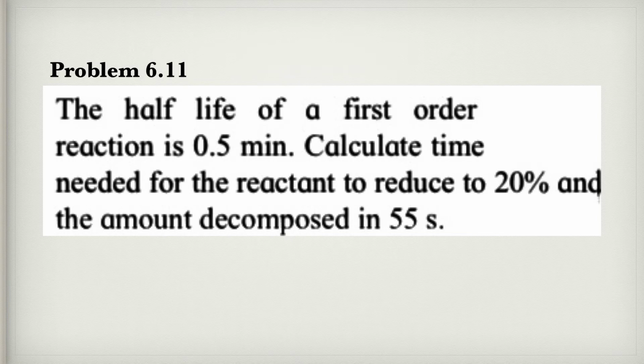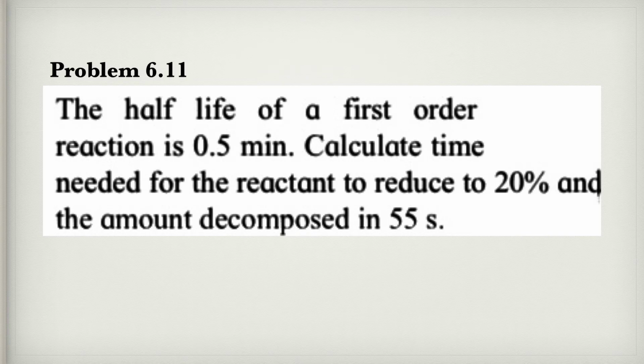But over here please underline this thing, time needed for the reactant to reduce to 20%. It is not said that it is going to decompose. That means the actual percentage of the reactant is given over here, which will be left. Therefore over here initial will be 100 and the final will be 20.